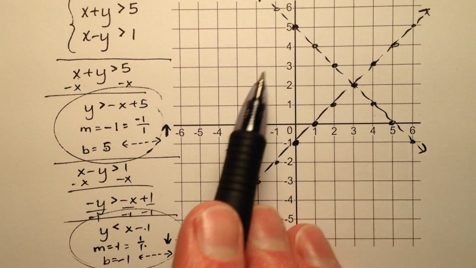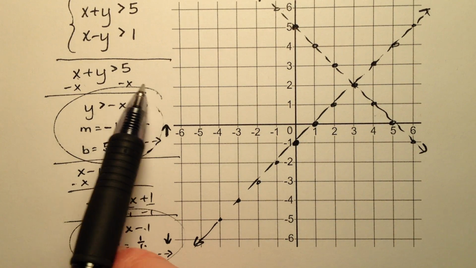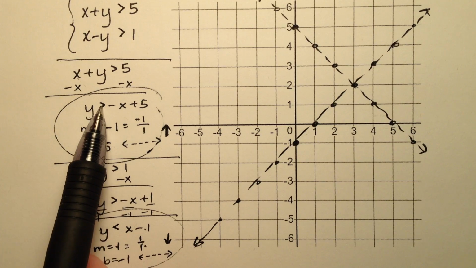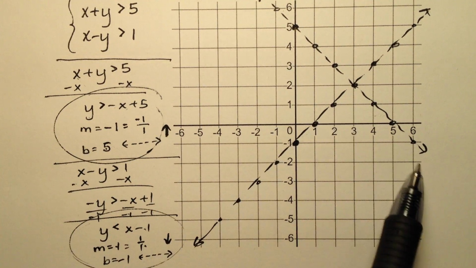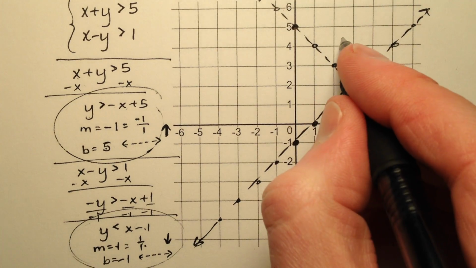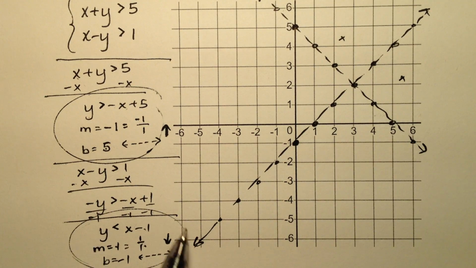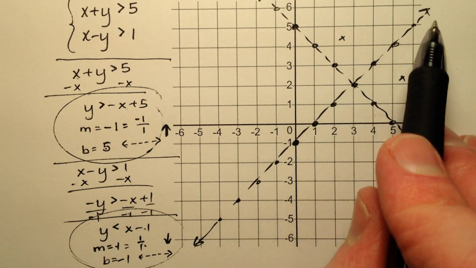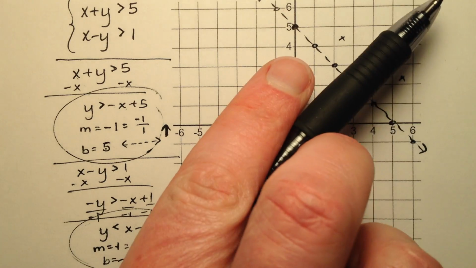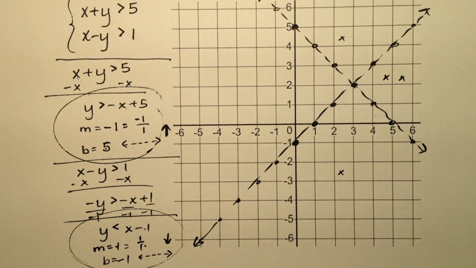Now I need to decide which of these 4 regions we are going to shade. For our first line, y is greater than negative x plus 5, I'm going to shade above, so I'm either going to shade in this region or this region. And my other one is y is less than x minus 1, so I'm going to shade below, which means either this region or this region.